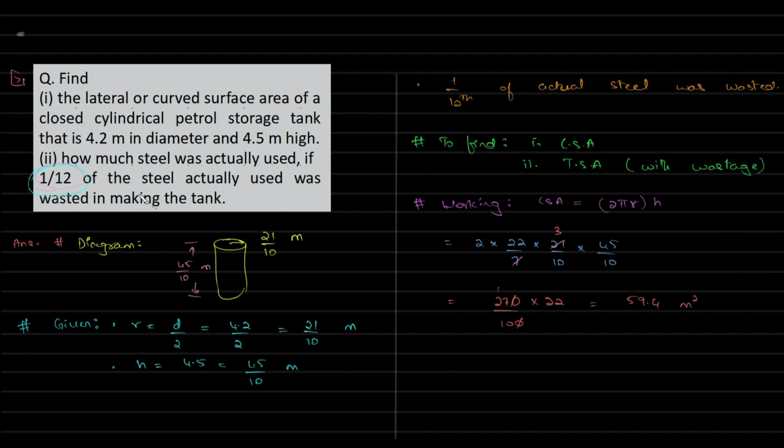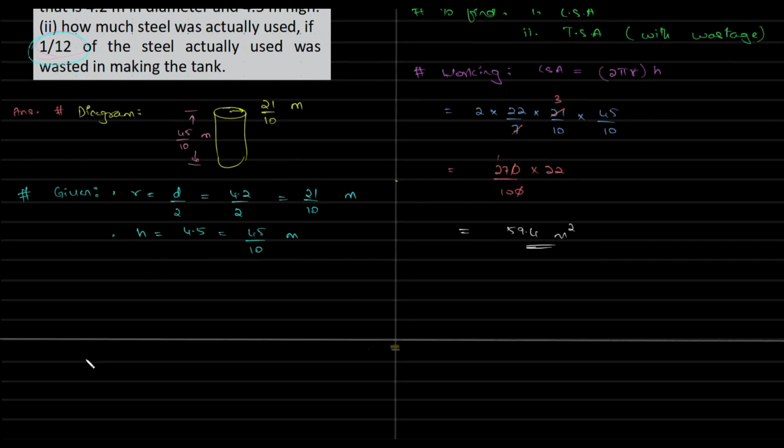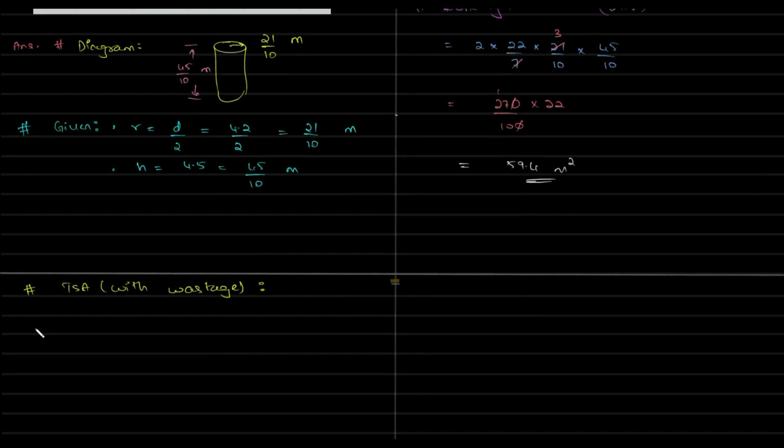It's better you write it down. And now we are looking at the total surface area with wastage. So first let's find the total surface area without wastage. So we are looking at 2 pi r h plus top and bottom, which are circles, so we have 2 pi r square.